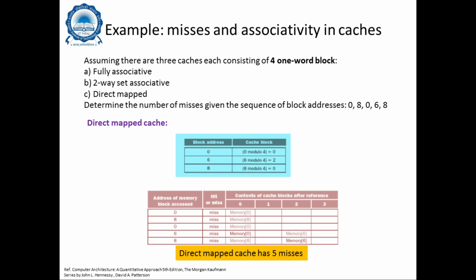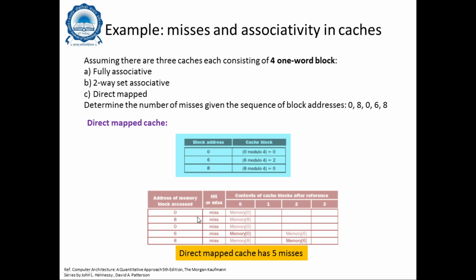Now if you try to draw the cache structure, this is how it's going to look. You have the addresses of the block accessed from memory, which is the sequence 0, 8, 0, 6, 8, and the hit or miss is given here, and the contents of the cache block after reference is given here.